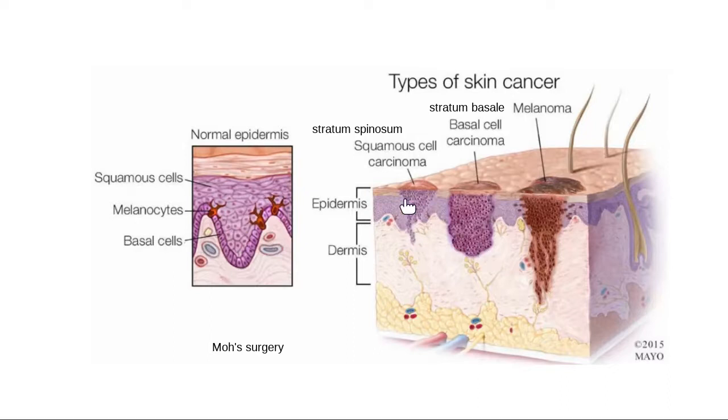See how there's kind of this random line of cells that are starting to grow down? So it's going to be harder for a dermatologist to get all of the cancer cells, because if they miss the fact that there was still this little line of cells down here, those cells might keep growing. So squamous cell carcinoma is a little bit harder to get fully excised. They grow a little bit faster than the basal cell carcinomas grow.